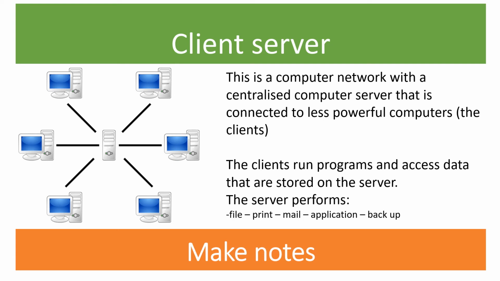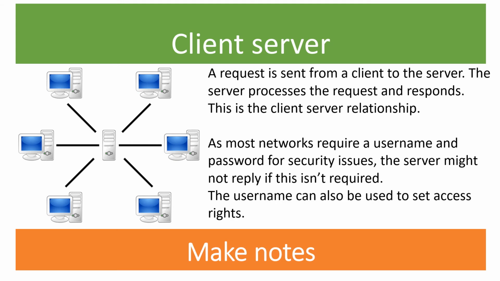You'll have other servers which might provide other services such as the internet. This is the client-server model. When a client wants one of the services being provided, it sends a request, and this is responded to. And this is the client-server relationship.